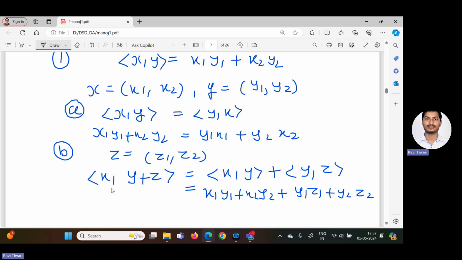And left hand side, the inner product of X and Y plus Z. X is X1 comma X2, and Y plus Z we can get by component wise addition: Y1 plus Z1 comma Y2 plus Z2.